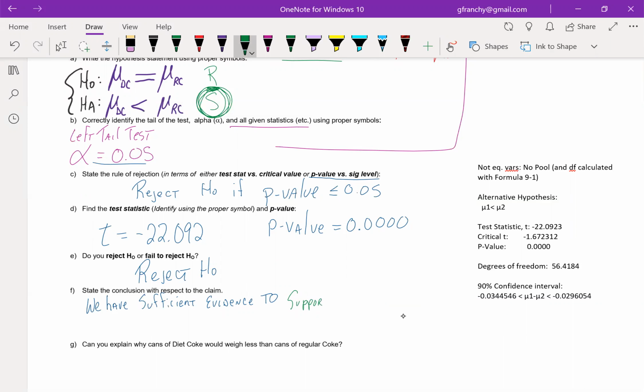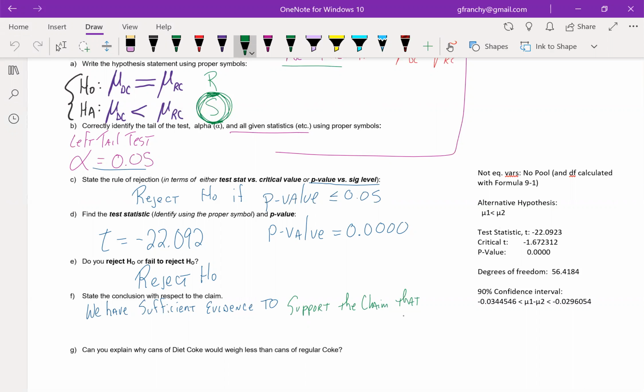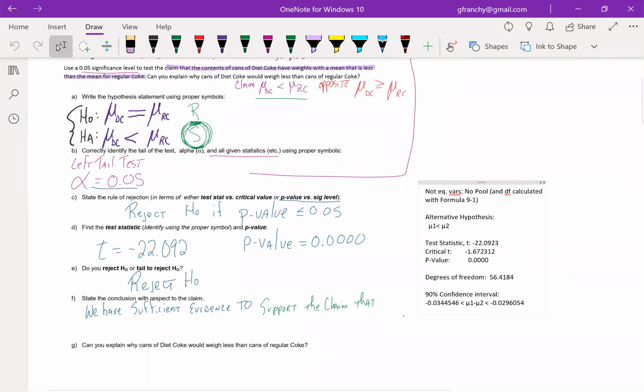So we have sufficient evidence to, now we go to the S there, support the claim that, let's take this back a little bit. Oh, why is it giving me such problems? Let's try this, because that tends to work.